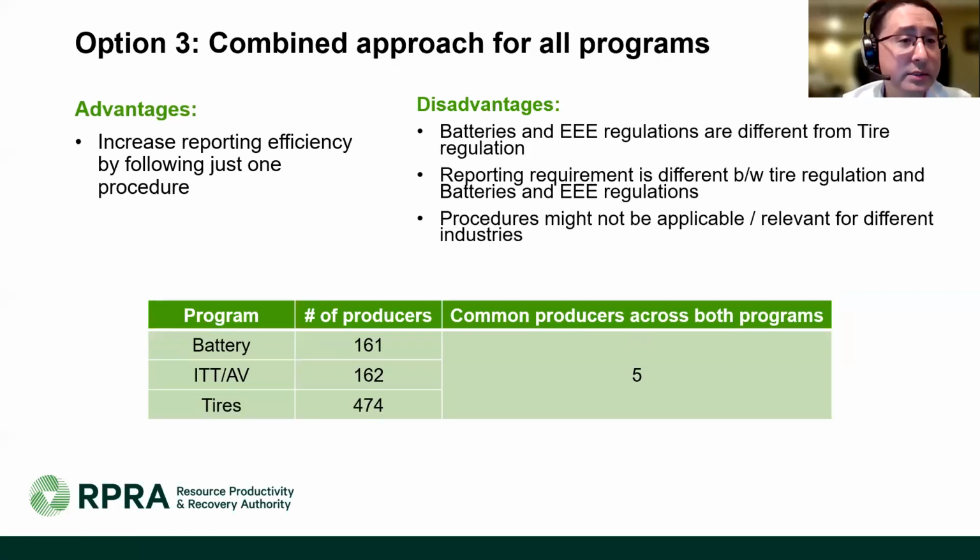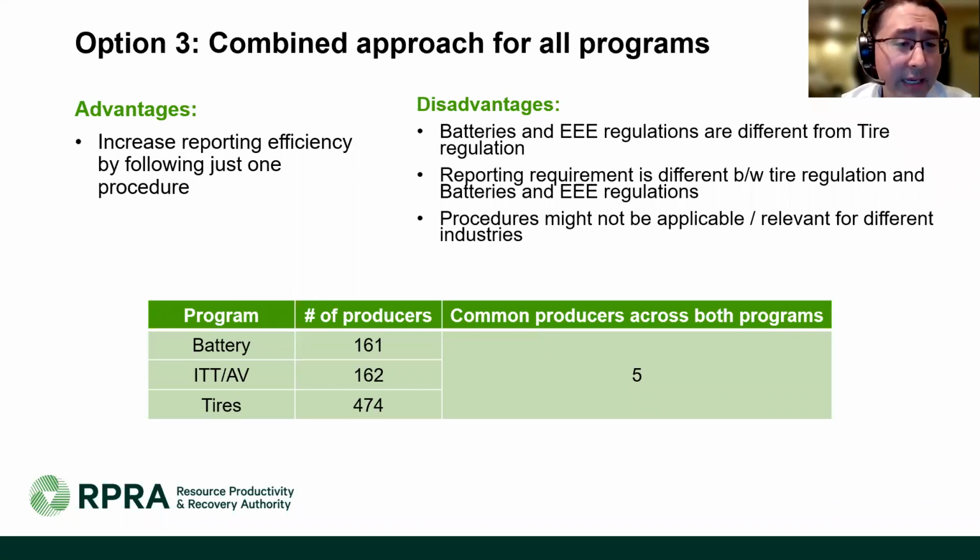So option 3 is to have one combined verification procedure for all materials. The obvious advantage of this approach is that producers who supply multiple materials increase their reporting efficiency by following just one procedure instead of three.